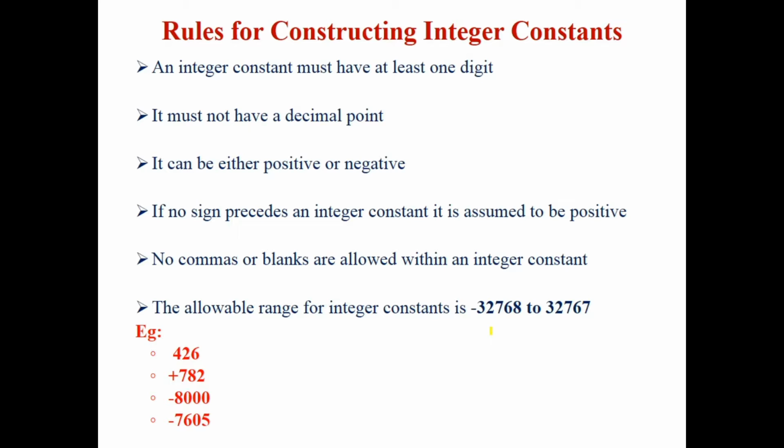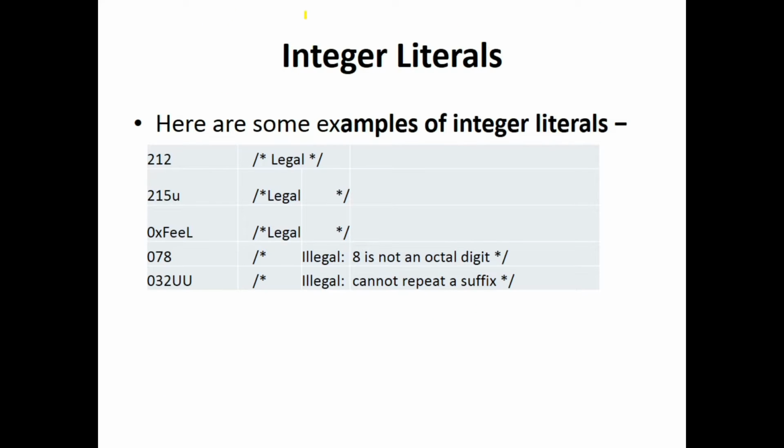What we are doing here is talking about the values which we can assume as integer values, meaning values which are not fractional. This is just a decimal value, like 1000, -200, anything can be an integer constant. This is a legal value, this is also legal, this is also legal, but this is not a legal value. Why?